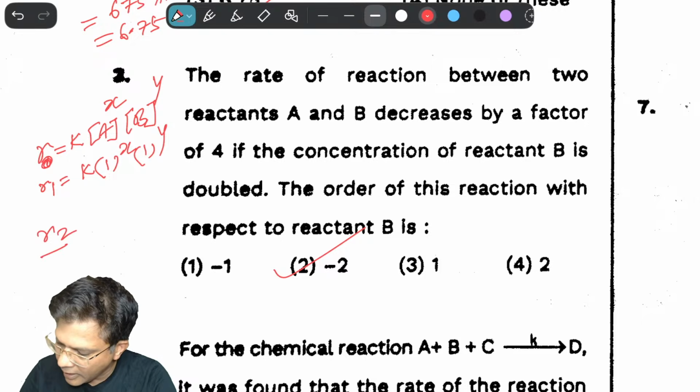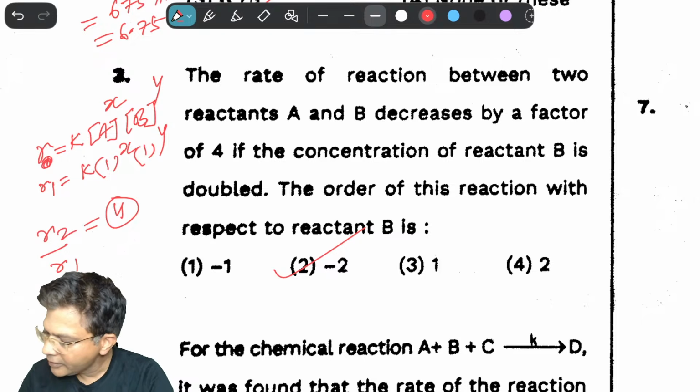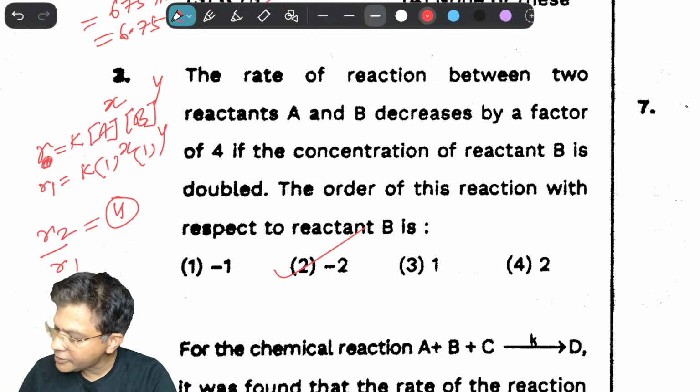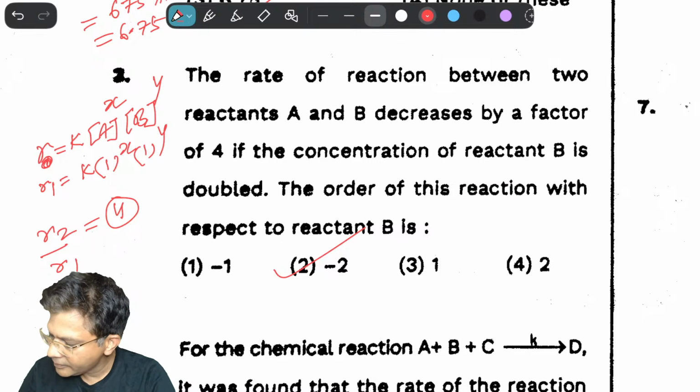R2 upon R1, if I write, it will come 4, right? If the concentration of reactant B is doubled, the order of this reaction with respect to reactant B is.